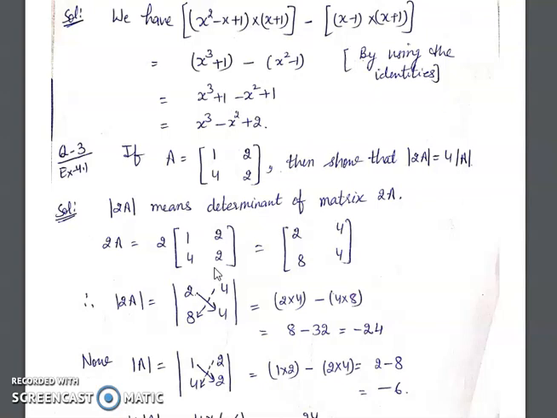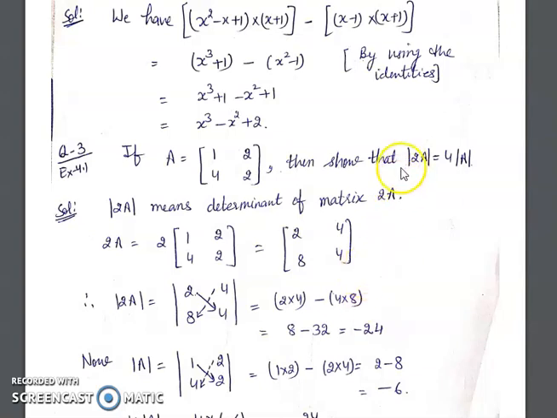But corresponding to matrix, the determinant is a real number. So, the real number corresponding to the determinant of 2A is minus 24. I hope it is clear to all of you.